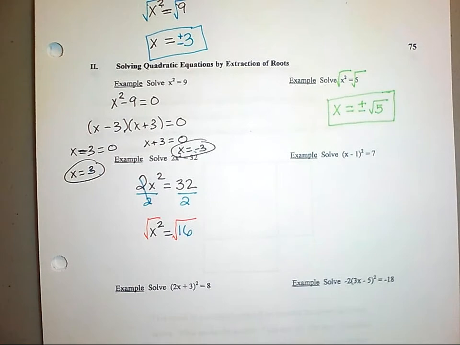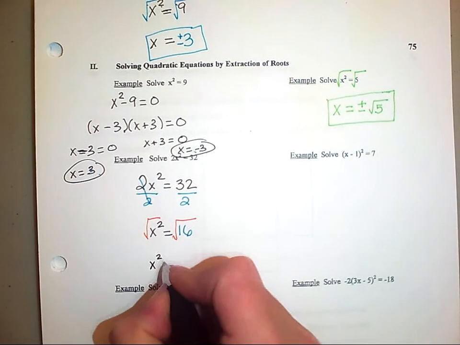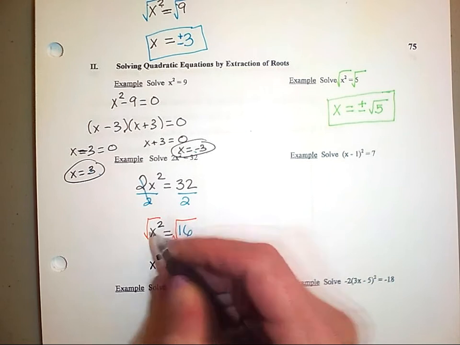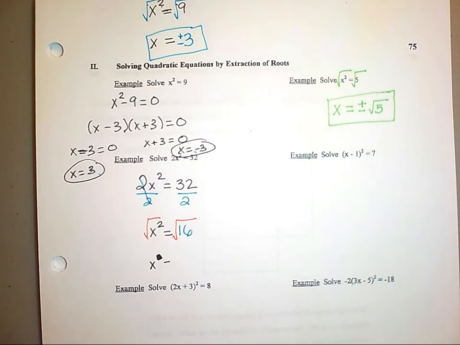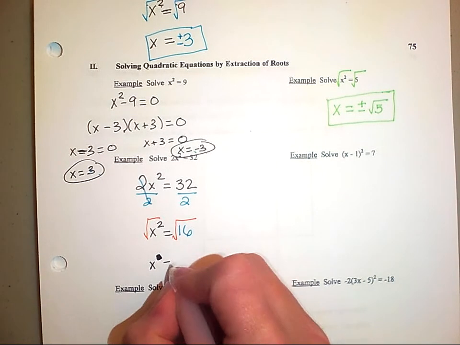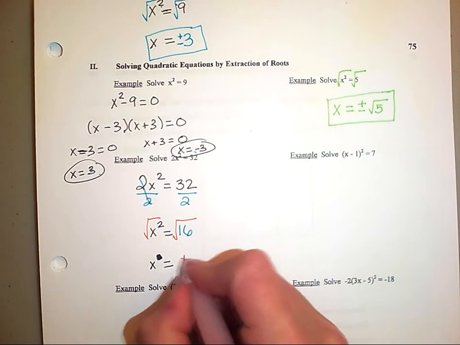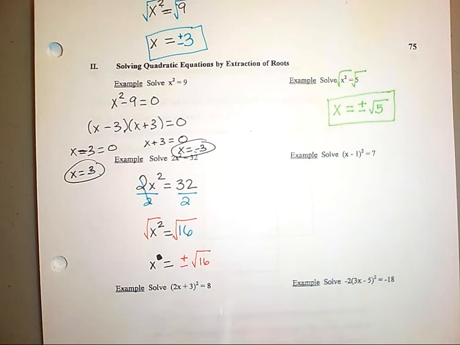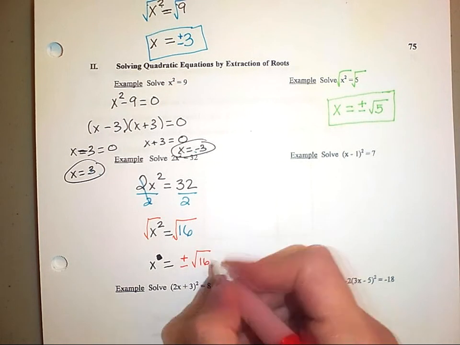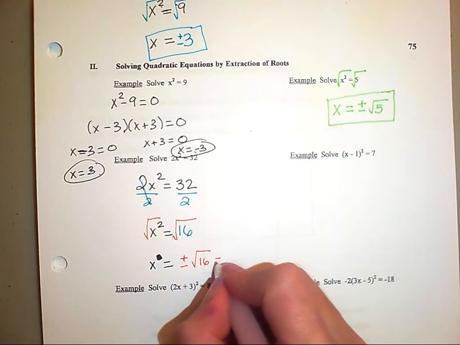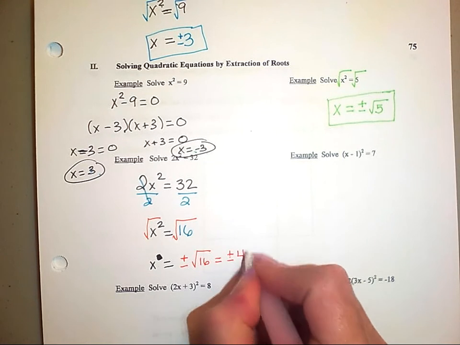So we'll have x, the square root of x squared is just x, is equal to, and now let's not forget, plus or minus the square root of 16. But we know the square root of 16 is a perfect square, so our answers are x is equal to plus or minus 4.